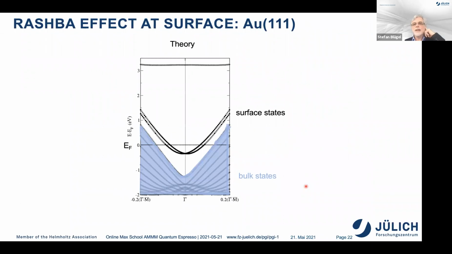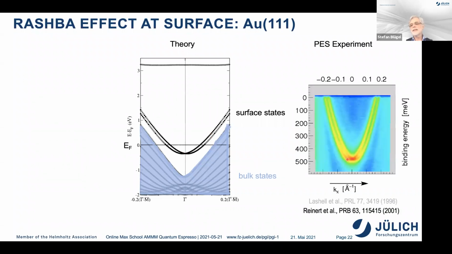And here I show you now an example. This is basically the Rashba effect on the gold surface, gold 111. You see here the bulk states, which are totally unimportant. You see the famous L gap of this particular surface. And what you see is here the surface states, and you see that the degeneracy of the surface state is lifted, except for K equals 0.